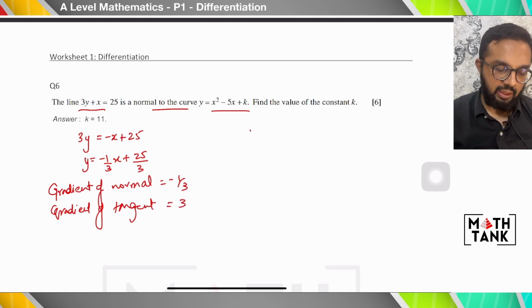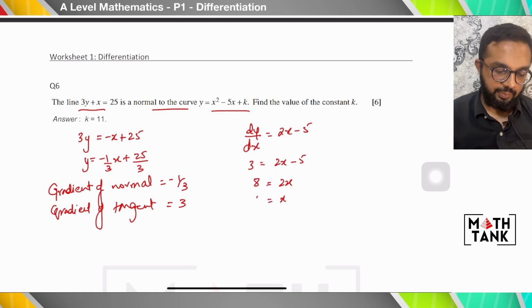Let's just find the value of the constant k. So if I go on and say that dy by dx is 2x minus 5, I can plug in the value 3 here and find out what x would have been.